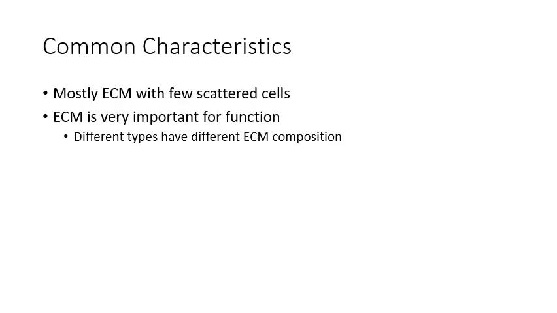Connective tissue is kind of more diverse than epithelial tissue is, so there are fewer common characteristics of connective tissue, but there are these two: connective tissue is always mostly composed of extracellular matrix with few cells scattered throughout the tissue. Also, the extracellular matrix is going to be very important for the function of that tissue.